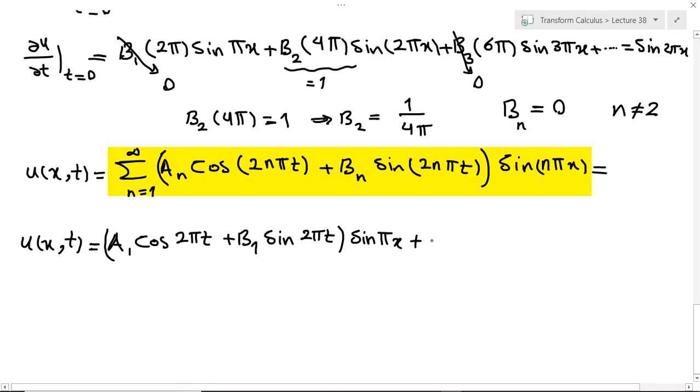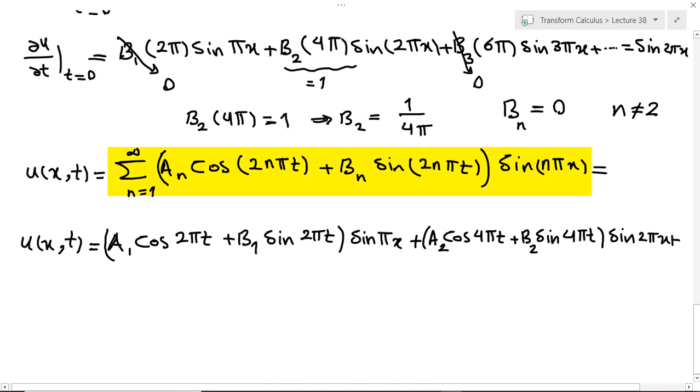If n is equal to 2, we have a2 cosine 4 pi t plus b2 sine 4 pi t, times sine 2 pi x.